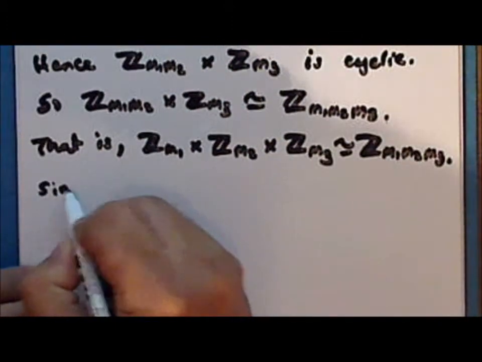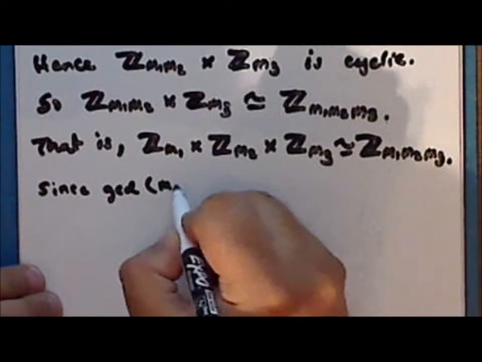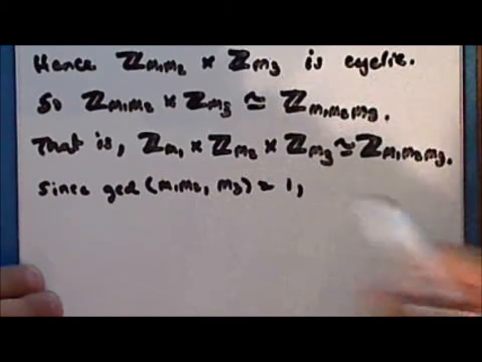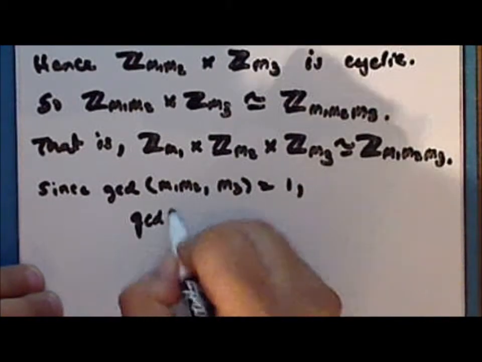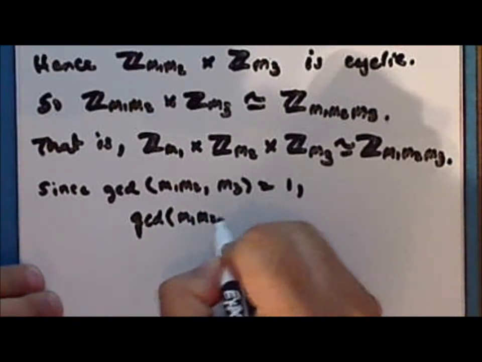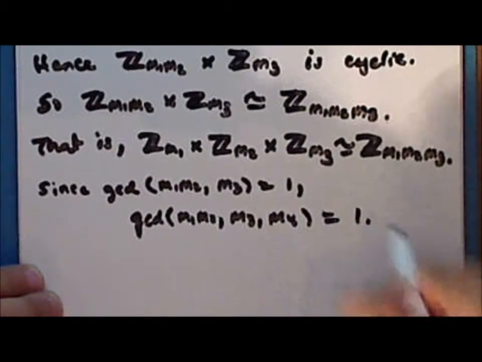Now, since the greatest common divisor of the product m1 times m2 and m3 is equal to 1, we have that the greatest common divisor of the three integers, the product m1 times m2, m3, and m4 is 1.